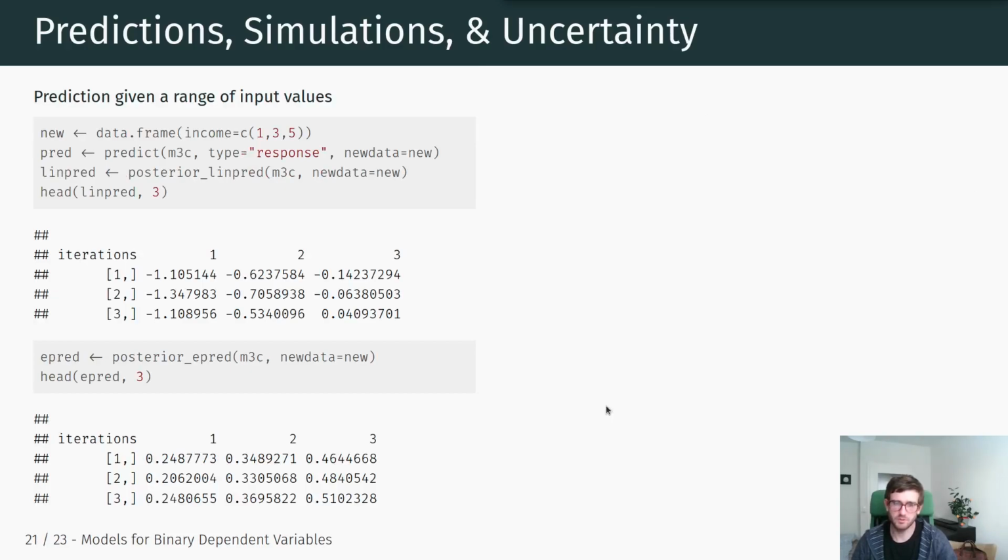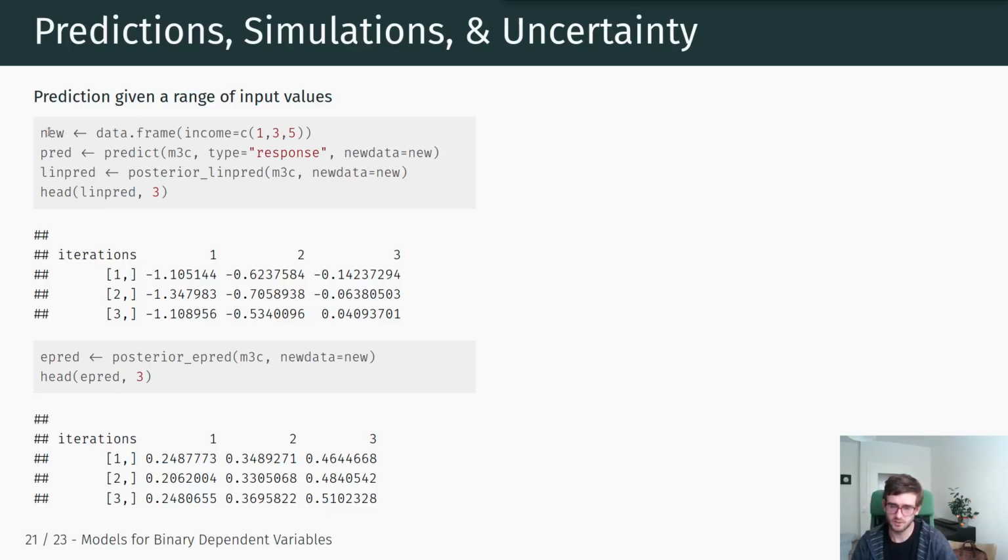We can, of course, in this example, I just showed you this with a single input value, so income just being equal to 5. We can, of course, use ranges of input variables and think about different types of scenarios where we want to compute different quantities of interest.